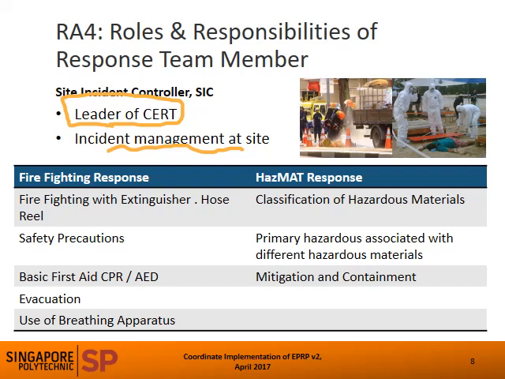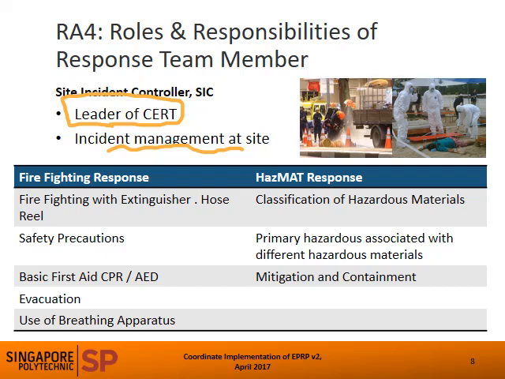For firefighting response, basically you need to have a fire extinguisher and a hose reel, and you must know the safety precautions. For example, every hose reel has a valve below. Don't pull the hose all the way to the fire incident, and then when you try to open up the valve, sorry, no water, because there's a main valve at the location of the hose reel.